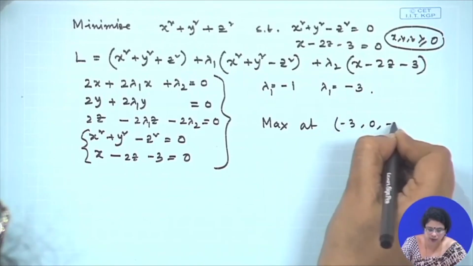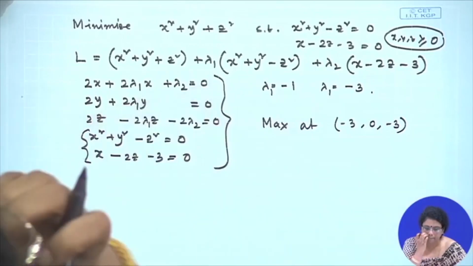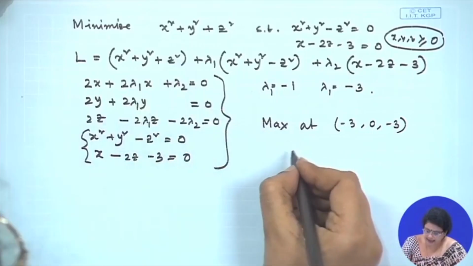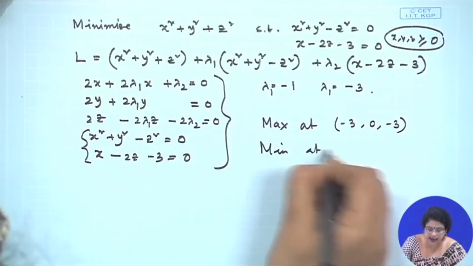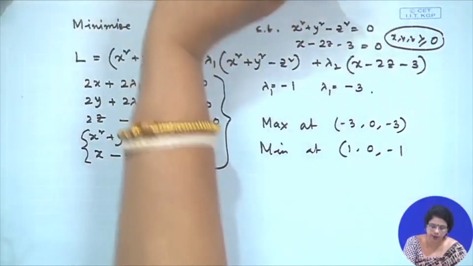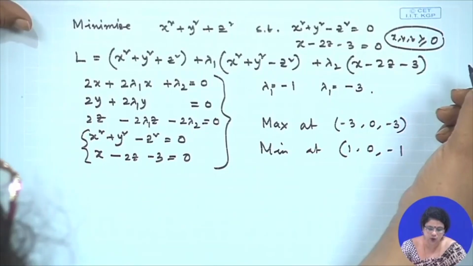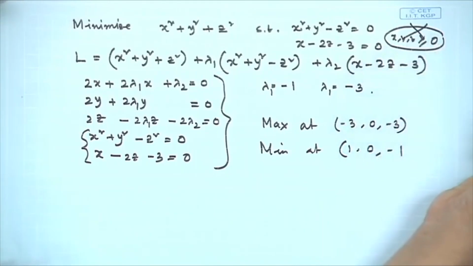at minus 3, 0, minus 3, and in the second case minimum value you will get at 1, 0, minus 1. Actually, for this problem x and y and z there is no restrictions on this, all right.